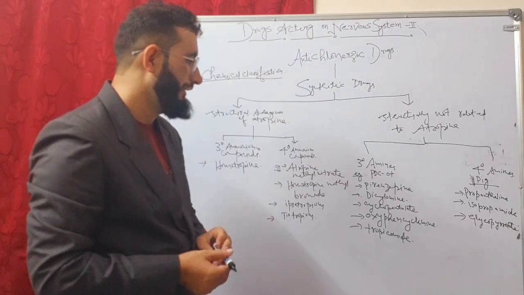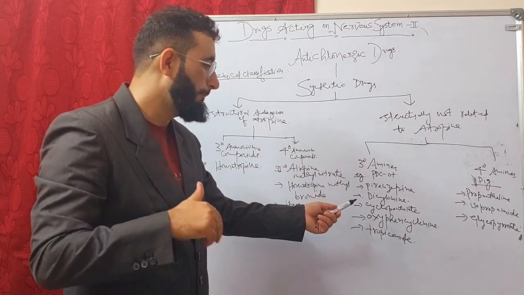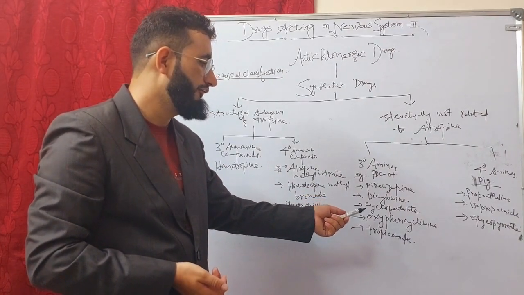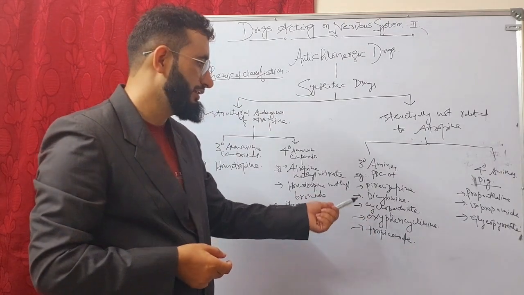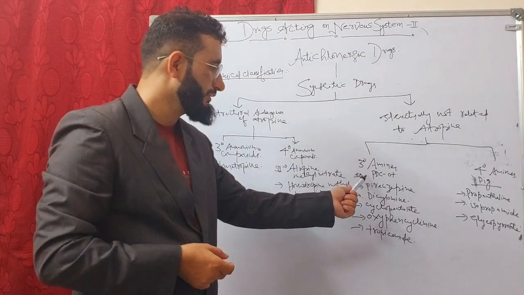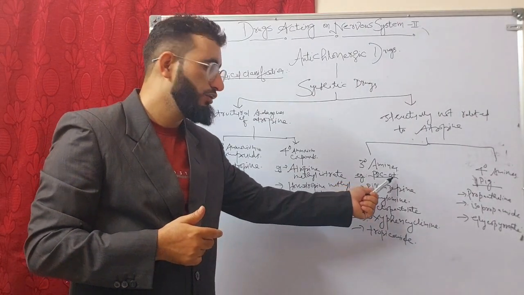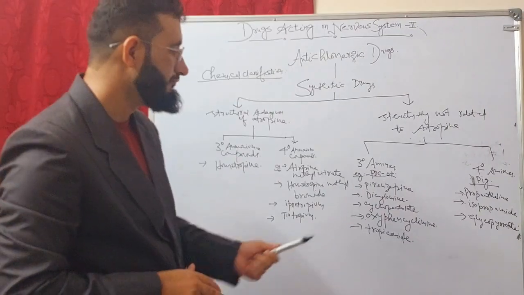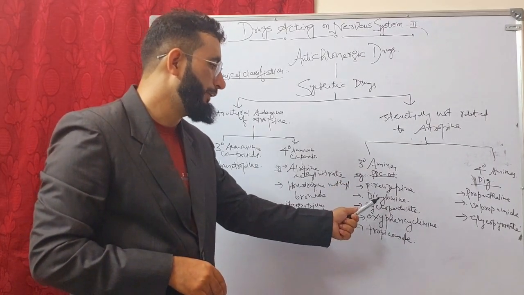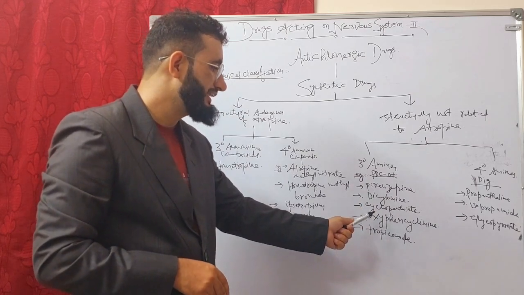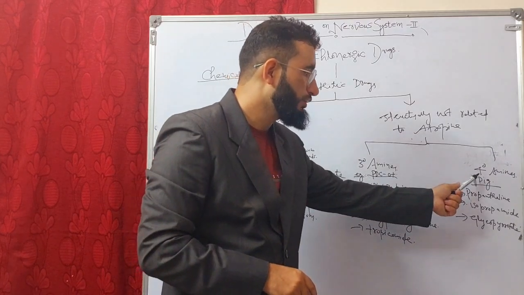Under tertiary amines, we have examples pirenzepine, dicyclomine, cyclopentolate, oxyphencyclamine, and tropicamide. You can remember these drugs by remembering the mnemonic, provisional degree certificate of OT course. P for pirenzepine, D for dicyclomine, C for cyclopentolate, O for oxyphencyclamine, P for tropicamide.